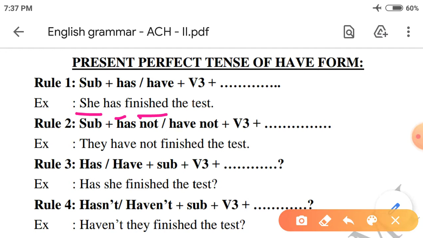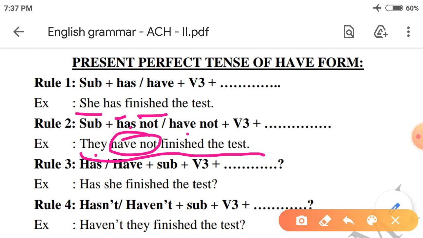And the same way we can convert it into a negative sentence. They have not finished the test. So here the subject is they. You can choose either has not or have not according to the subject. Because of the subject they, we are going with have not. So they have not finished the test.